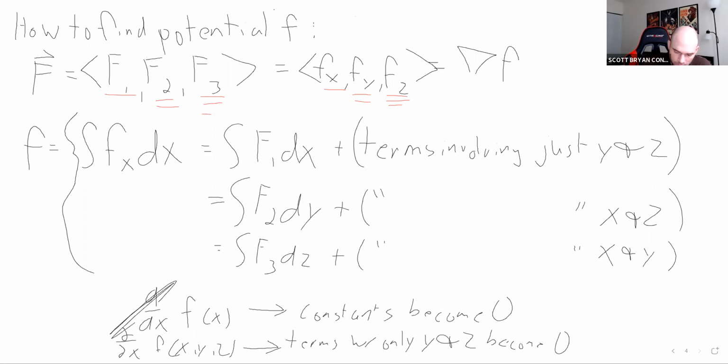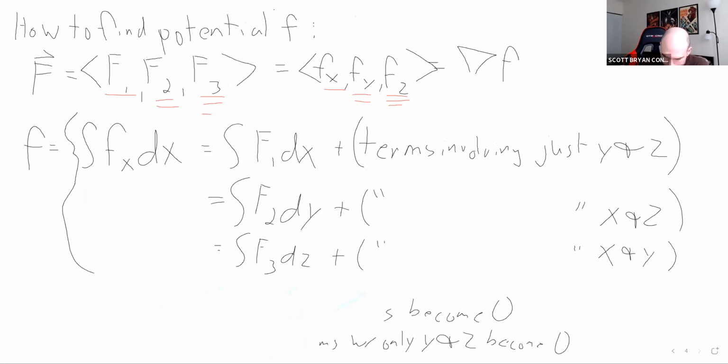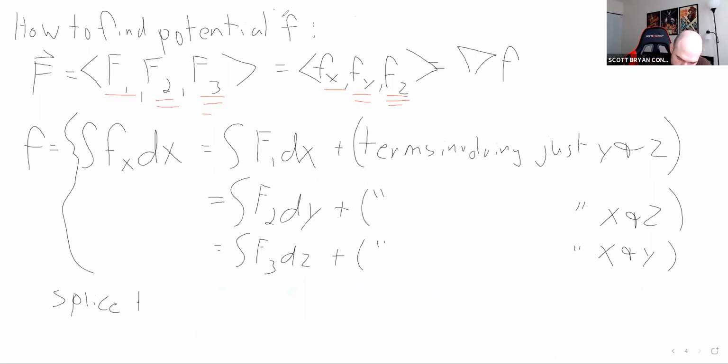So what we do is we do these three integrals. And we're going to splice them together. And I'll say what I mean in a sec by that. To get a potential function, little f.